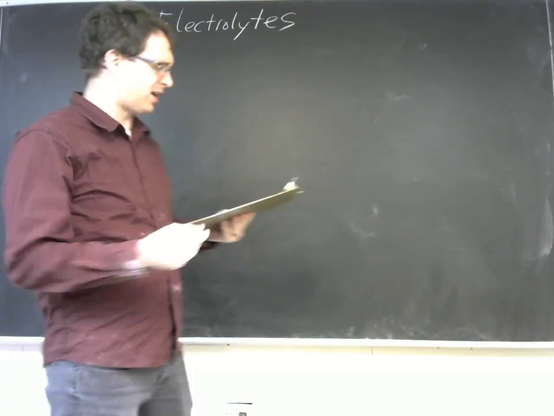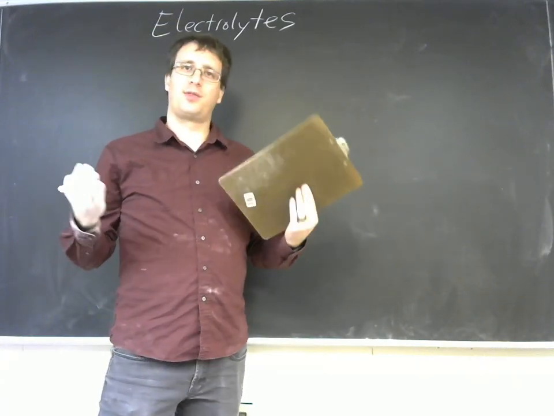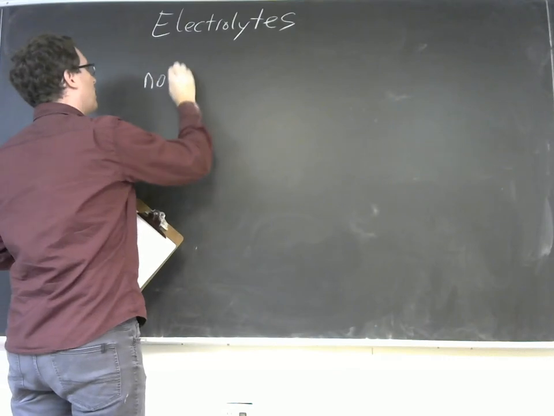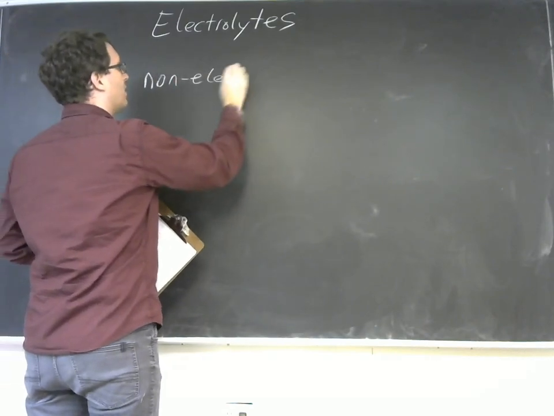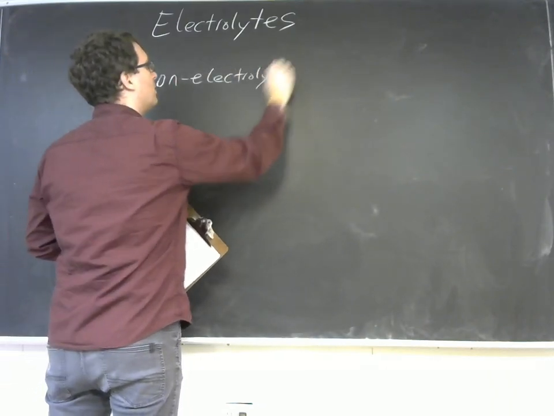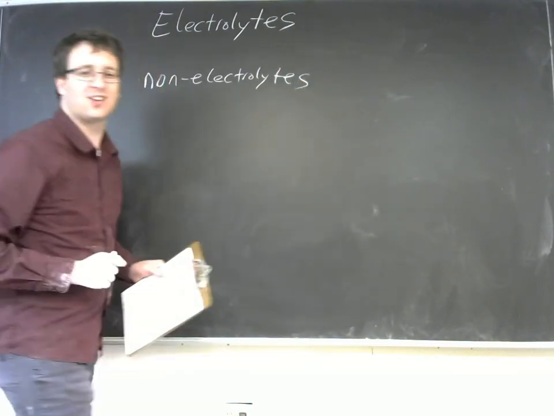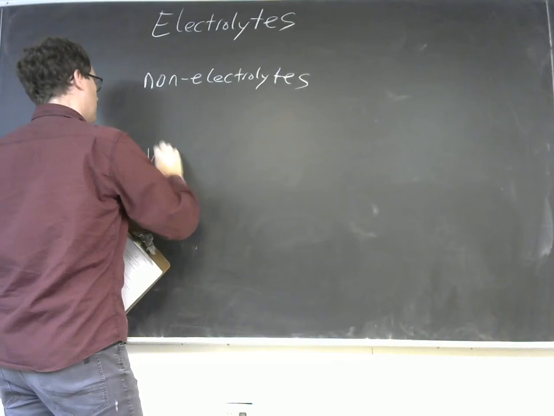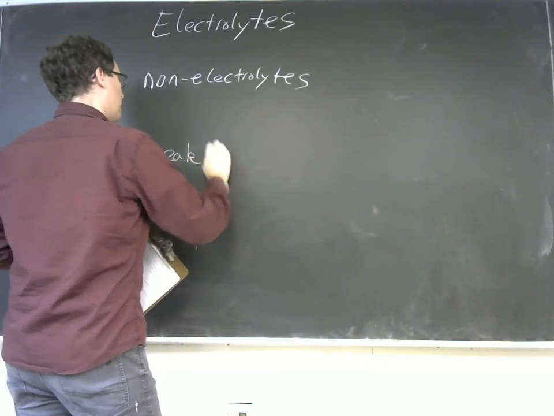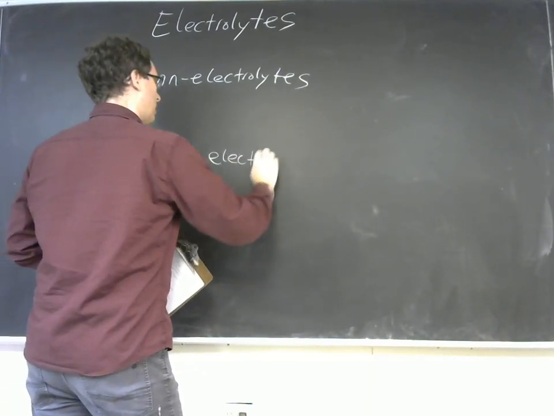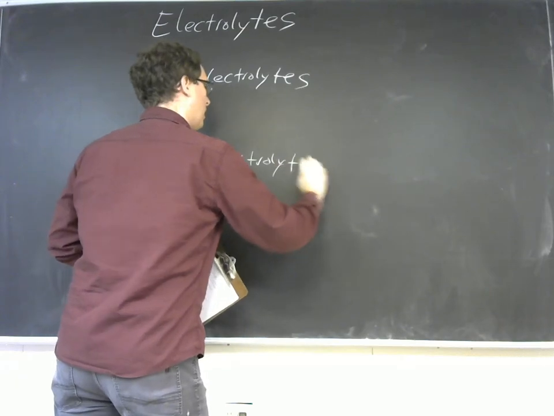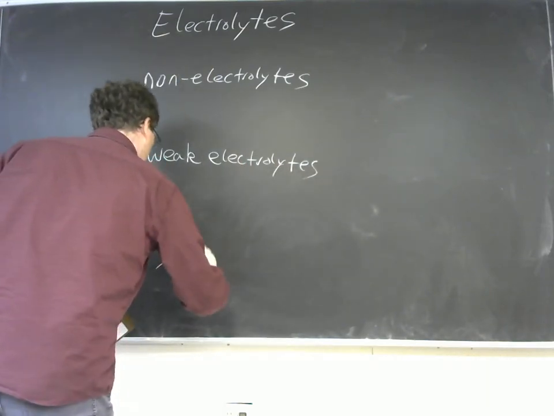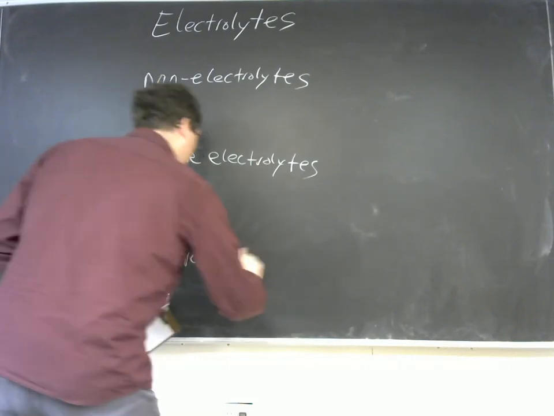So we're going to talk about three different types: non-electrolytes, which I guess are not electrolytes, so two types of electrolytes and then non-electrolytes. So non-electrolytes, weak electrolytes, and finally strong electrolytes.